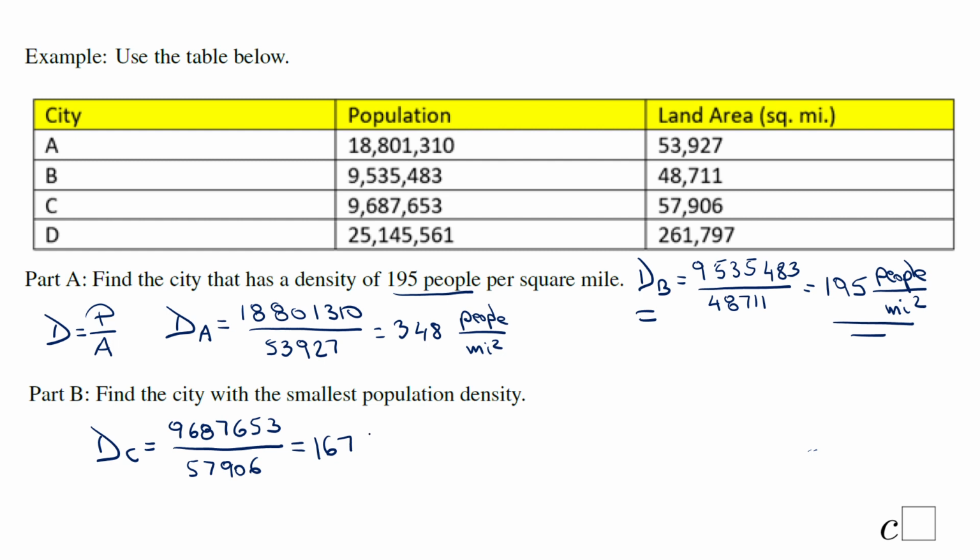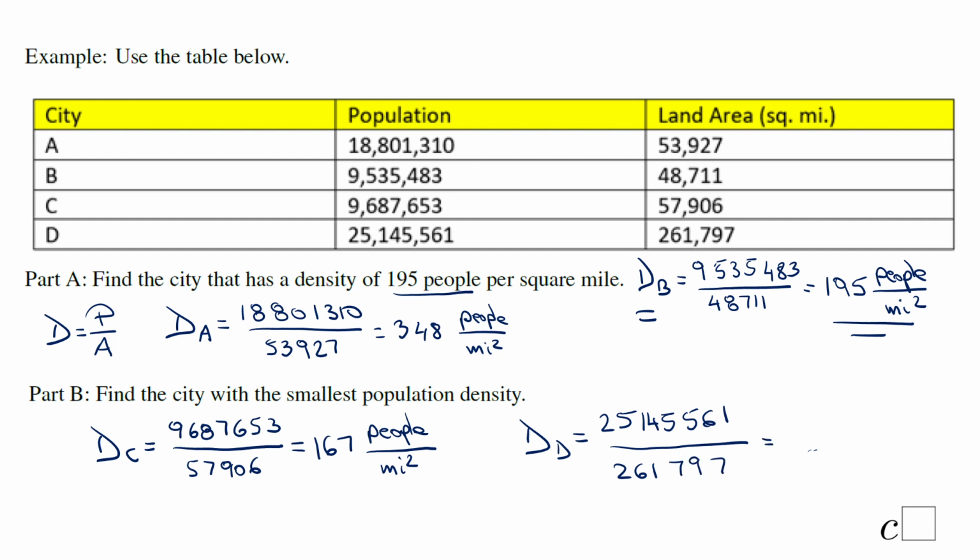So looking now, it looks like city C has the smallest population density. However, we have one more city to check. Maybe D is the answer. Who knows? The density of city D, what do you think that will be? 25,145,561 over 261,797, the land area of that city.